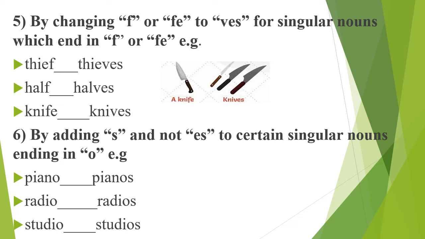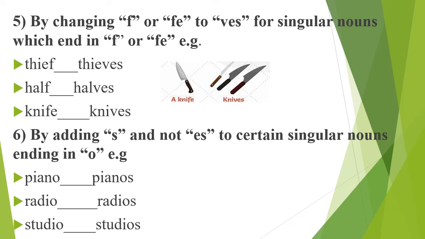For example, thief, thieves, knife, knives, half, halves. So look at these examples. We have removed F or FE and added VES in place of F or FE when we have made their plural.